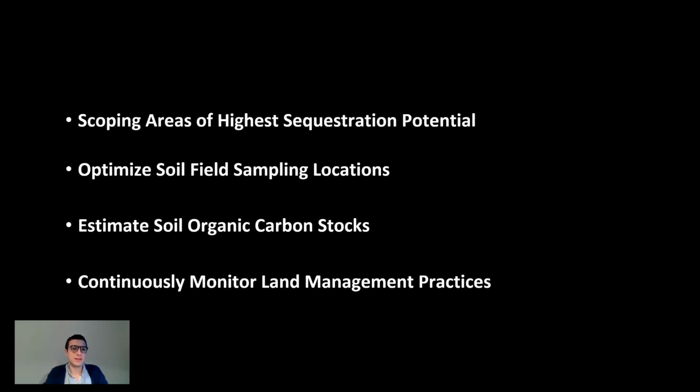Indeed, if you go through scientific literature in this domain, you will find out that field sampling is an extremely costly and time-consuming endeavor, and with the support of satellite imagery, we provide a way of finding locations of optimal soil field sampling, first of all, to plan the logistics of the service, so where to sample at which locations and how to get there, but also sampling at locations which maximize the variability of your soil organic carbon.